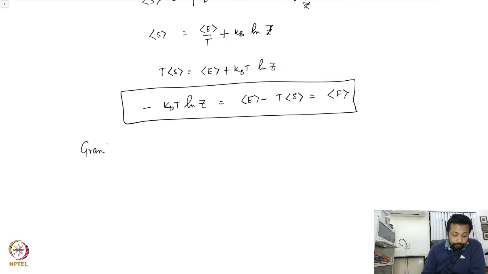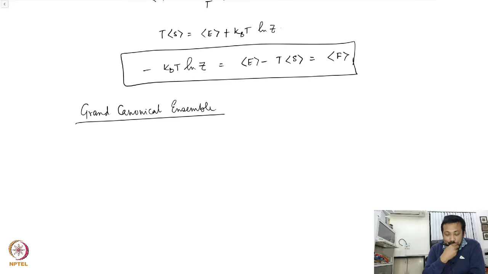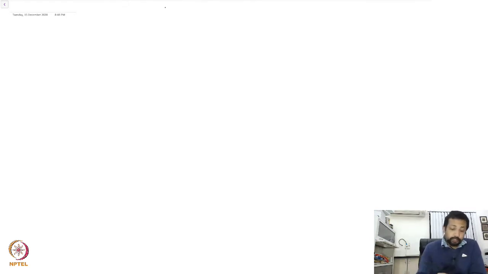So then we look at the grand canonical ensemble, and here the number of particles is not fixed, so we replace N by the operator N hat.